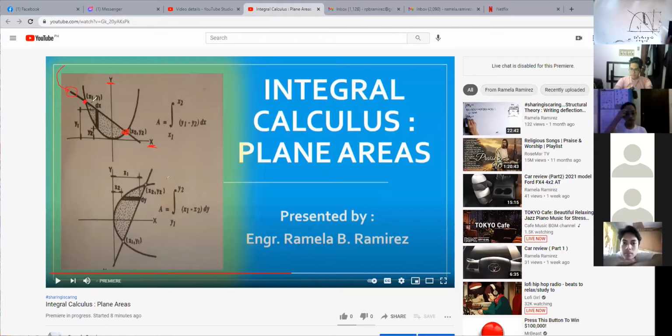The first point x sub 1 and y sub 1, and then the second point x sub 2 and y sub 2. And then of course you have here the curve. So this one is drawn, and this is the curve line. So this is how you draw the plane area.